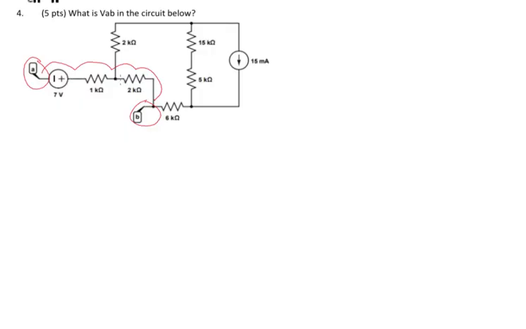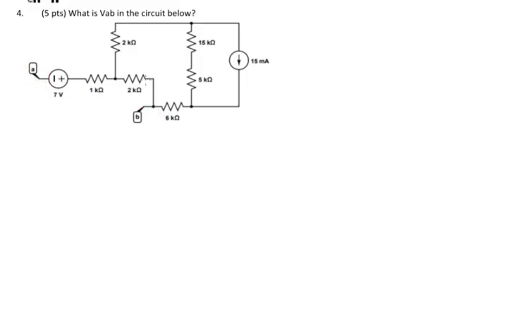But in order to do this, we need to find the voltage drop across the 2K resistor here. Notice that the 1K here, the other resistor between A and B, there's no voltage drop here effectively because this branch here is open, it goes nowhere.